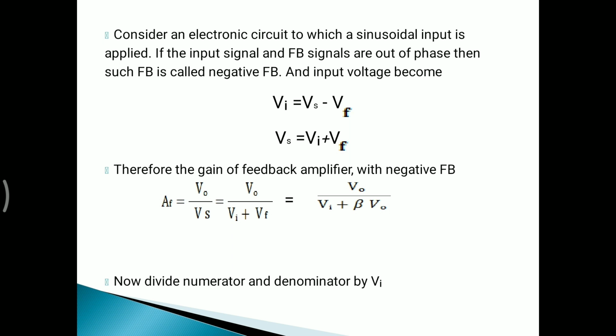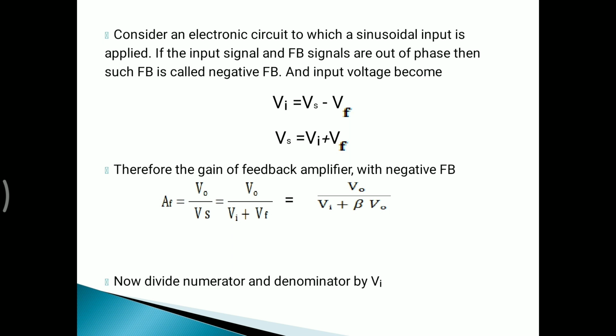The input voltage becomes Vi equals Vs minus Vf. So we can write Vs equals Vi plus Vf, the input voltage plus the feedback voltage. Then we can write the gain of the feedback amplifier with negative feedback, AF, equals the ratio of output to input, that is V naught divided by Vs, which is Vi plus Vf.